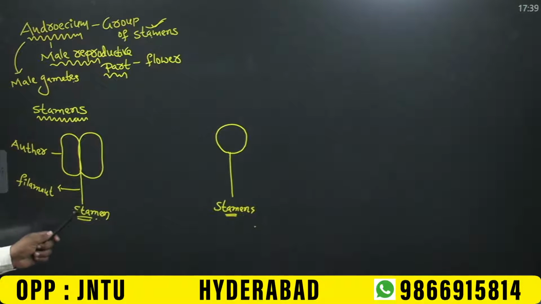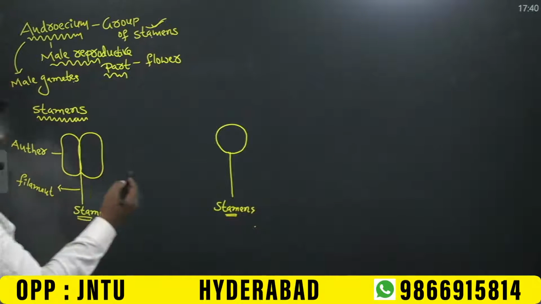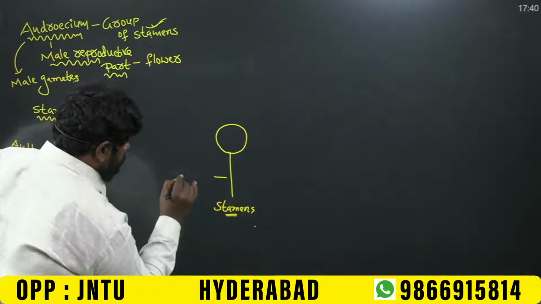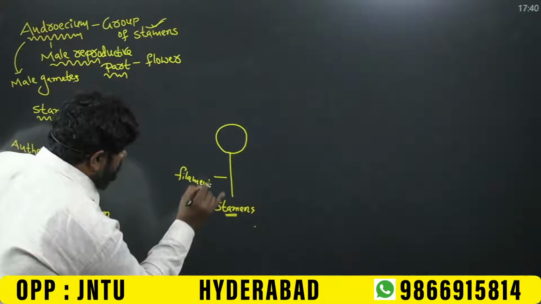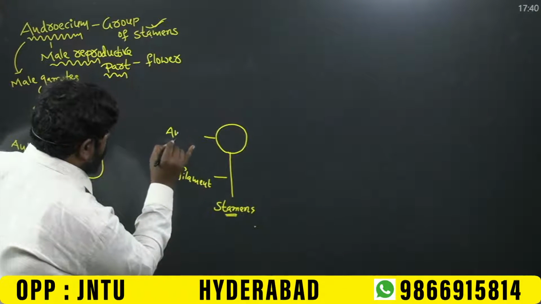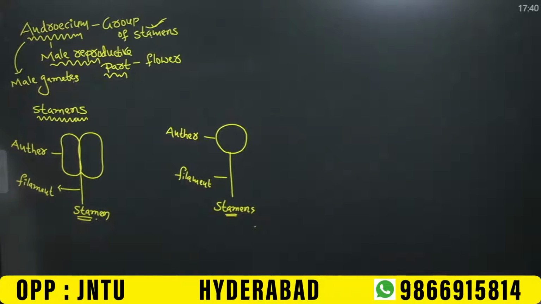And here also the same: this lower stalk is called the filament, and this swollen round structure is called the anther. Clear?